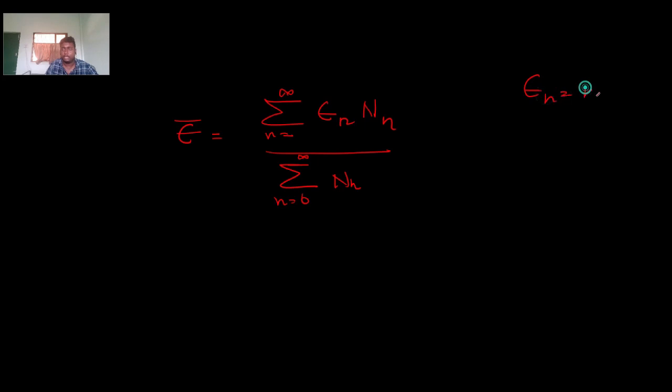You can write the summation from n equals 0 to infinity of the total energy of the system consisting of the oscillators, divided by the total number of oscillators, the summation from n equals 0 to infinity of Nn. Okay, and we know that En equals nh nu and Nn equals N naught e to the power minus nh nu by kT.